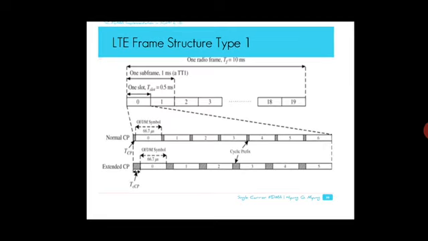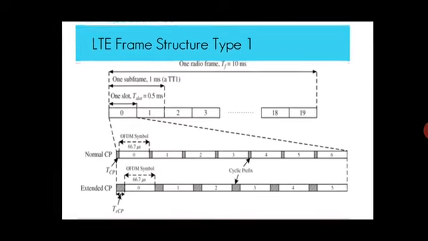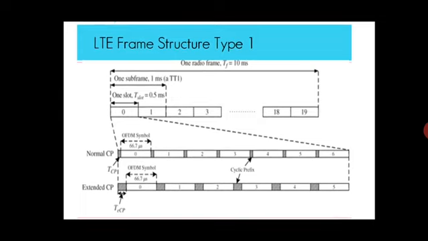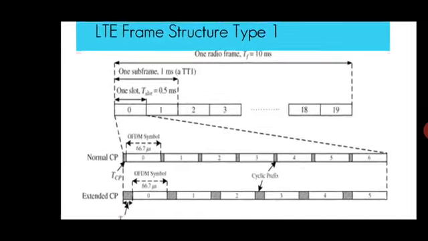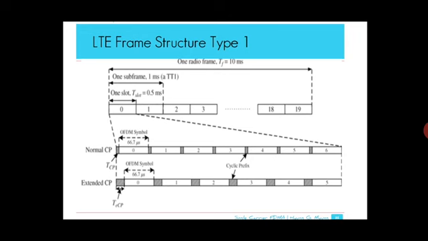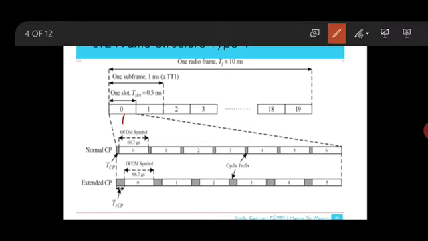Now in detail we'll see what the contents of each slot period are. From the previous slide, there are 20 slots available. Each slot will be divided into normal CP and extended CP. This is the 0th slot.